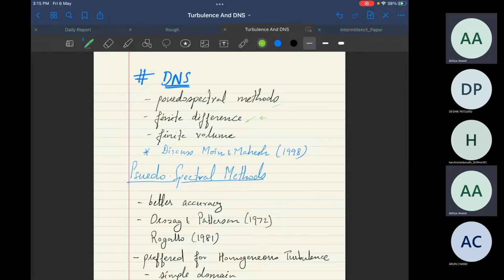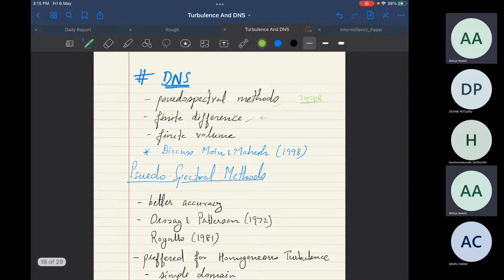We'll discuss an open source database as well, which is the Johns Hopkins Turbulence Database. It has databases for several simulations. There are a few forced isotropic turbulence simulations, few channel flow simulations, and transitional boundary layer simulations as well. I think they are pseudospectral simulations.